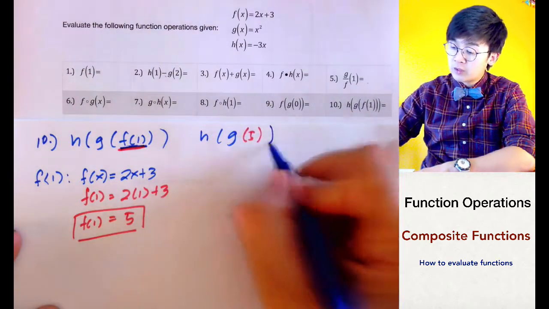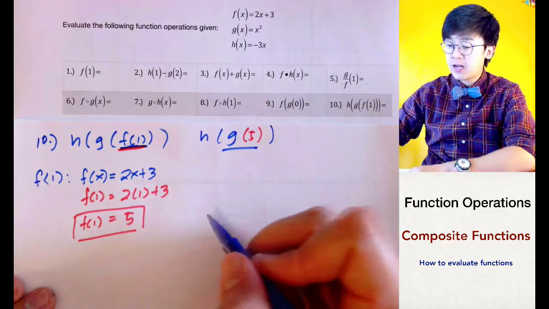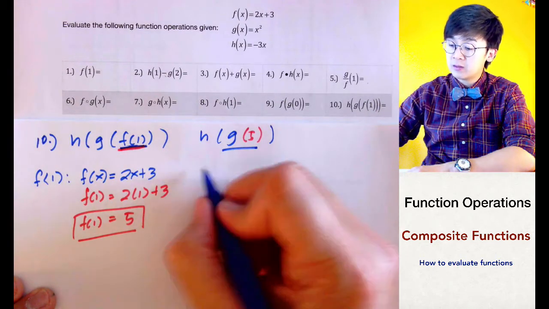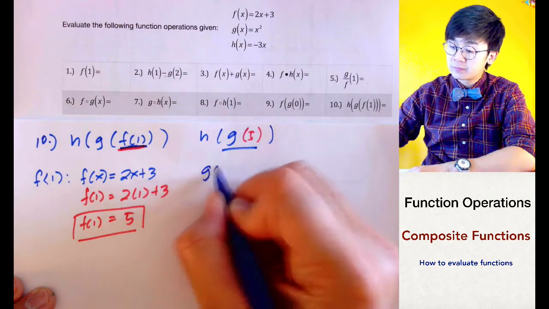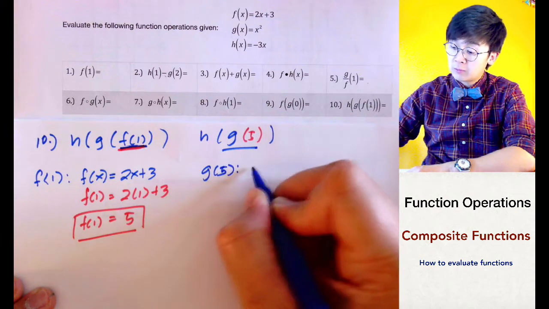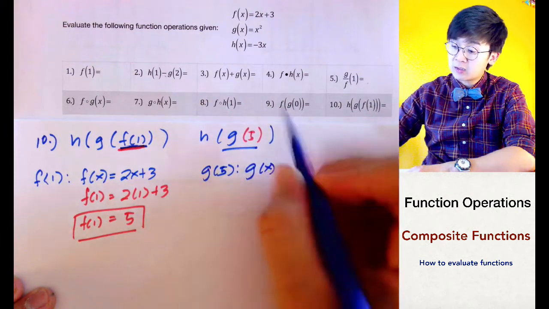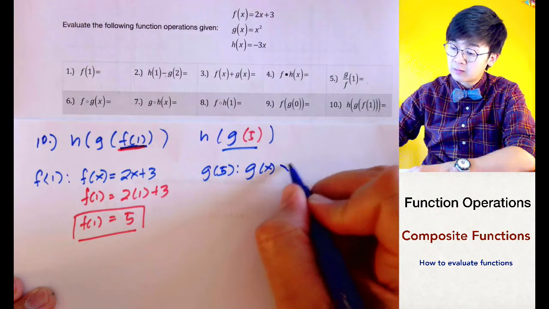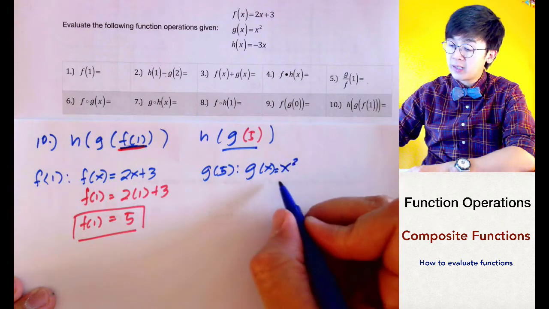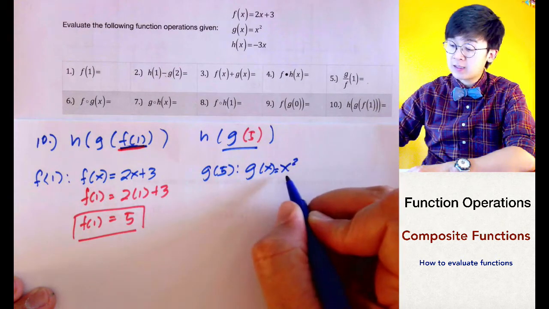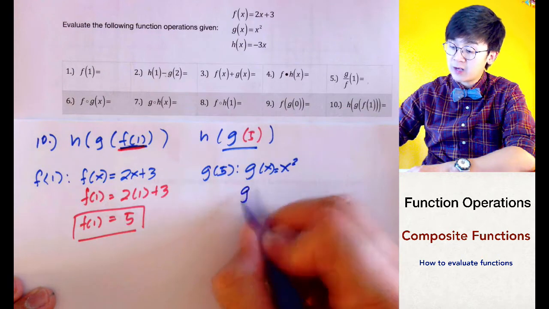So in this case, we're going to be evaluating g of 5 for our second level. So g of 5 will be coming from g of x, which is equal to x squared. So we will replace x by 5 so we can find g of 5.